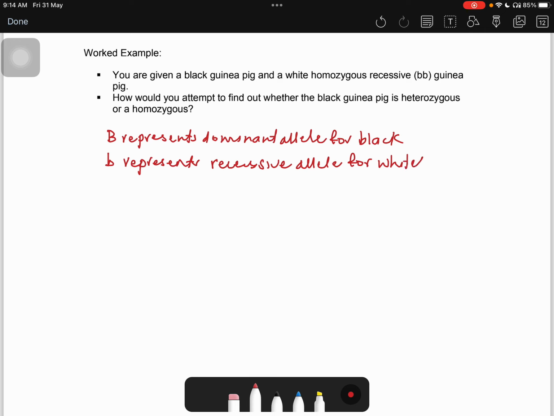This is a good example to show that the question did not specify whether to draw a genetic diagram or a Punnett square. So always go with the Punnett square if the question doesn't ask, to save some time in answering.